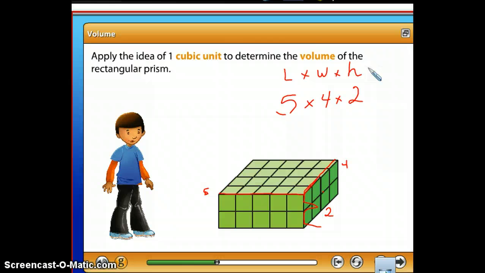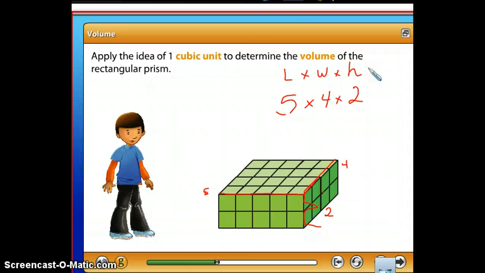You guys are seeing that this is what we could do. Is there any other way, if we took all of these cubes, that we could figure this out? We know that each of these is 1 cubic unit. We could count them. We could count the layers. We know there's 2 layers.